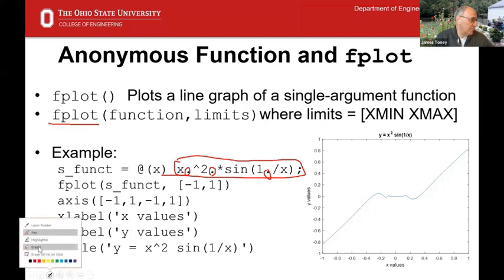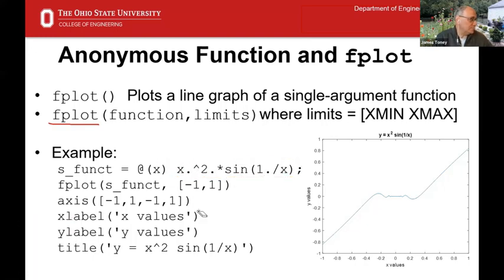Getting a little messy. Let me erase some of that. All right. Then you can plot it with one line, fplot. You give the name of the function. This is what's called a function handle.